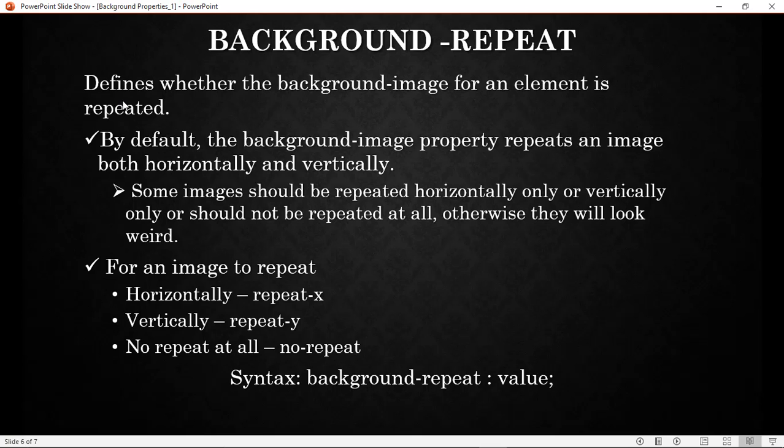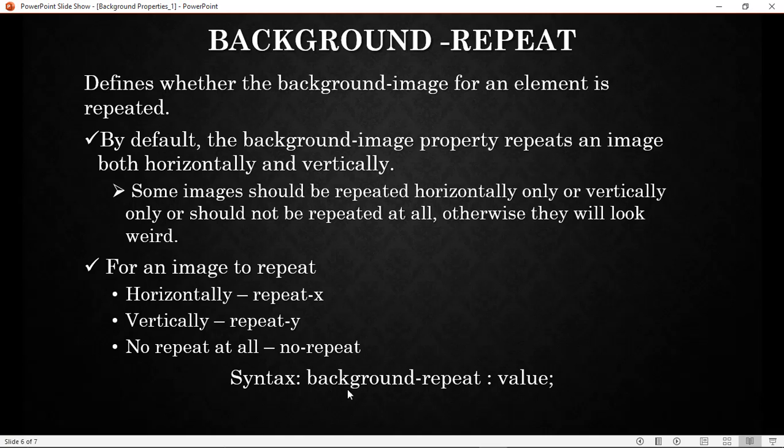By default, the background-image property repeats an image both horizontally and vertically. Some images should be repeated horizontally only or vertically only, or should not be repeated at all, otherwise they will look weird. For an image to repeat horizontally, use the value repeat-x. For the image to repeat vertically, use the value repeat-y. And for the image not to repeat at all, use the value no-repeat.